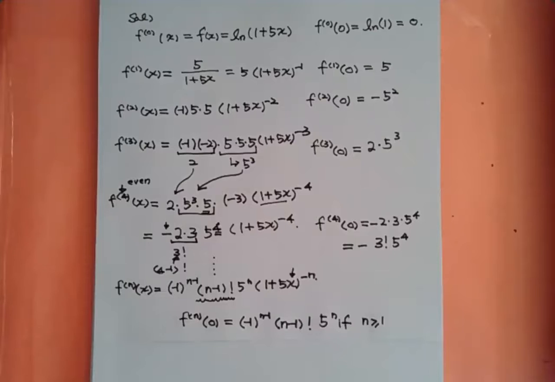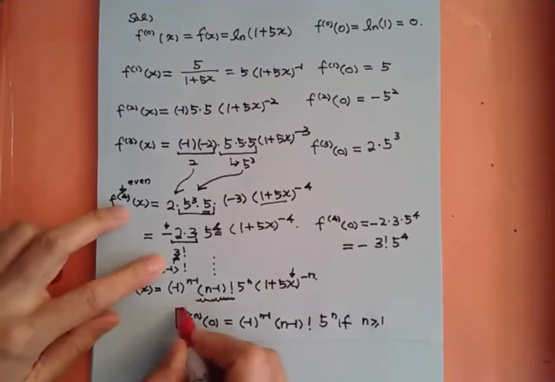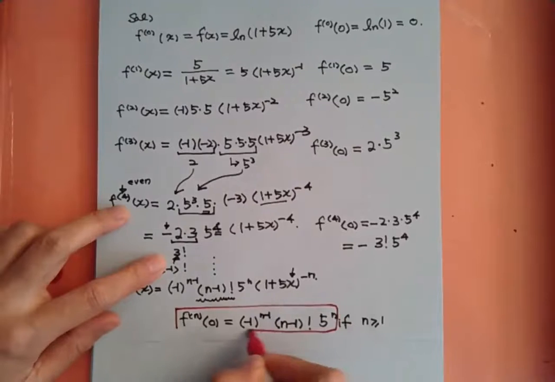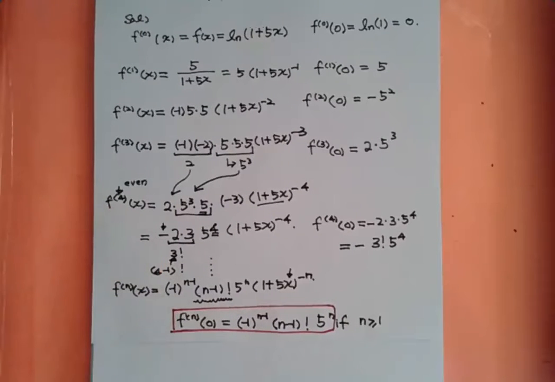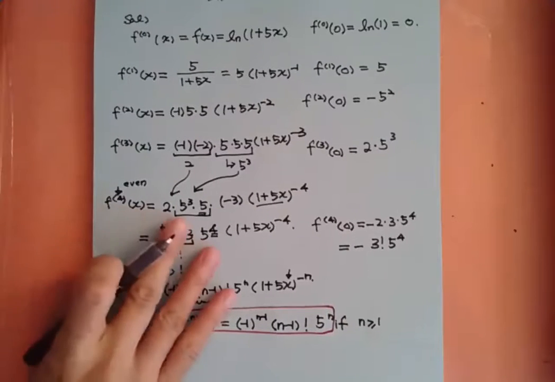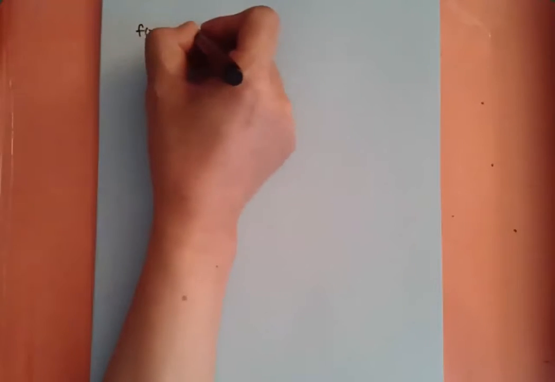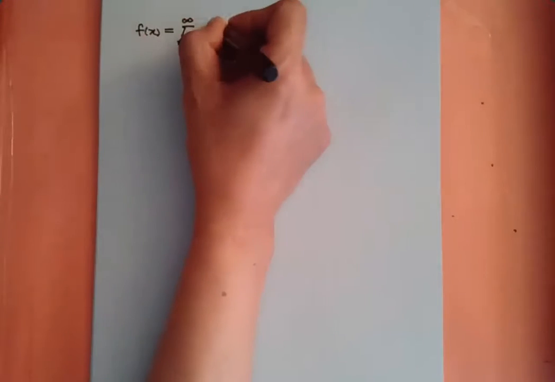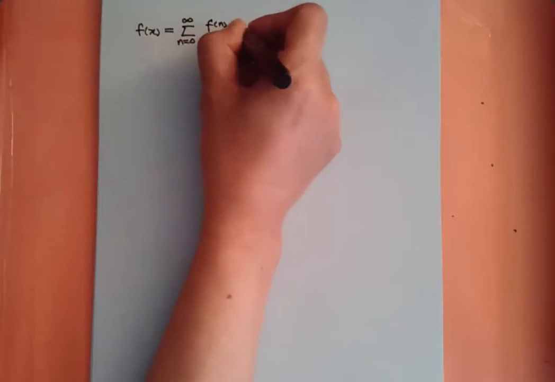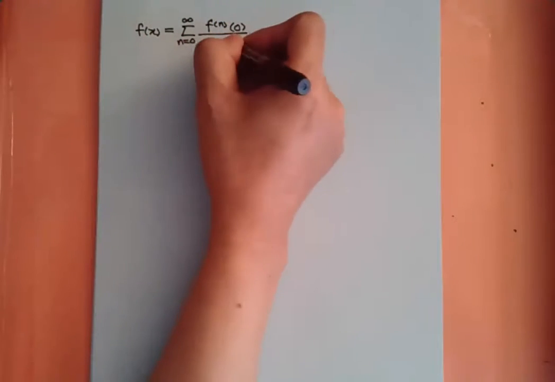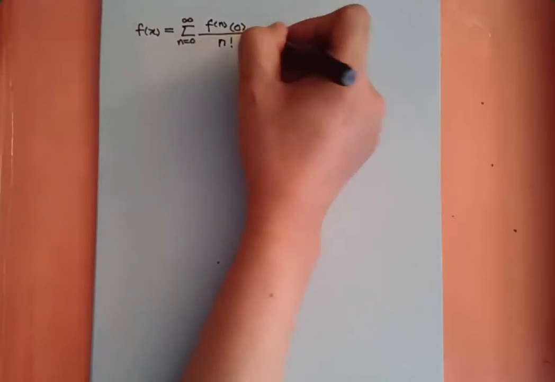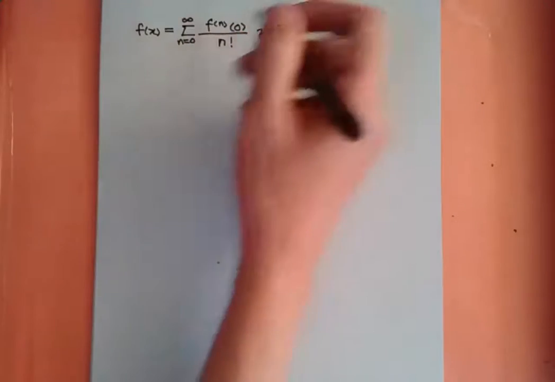So what we will use will be this one. f of x equals summation n equals 0 to infinity, nth derivative of f at 0 over n factorial, x to the n power.